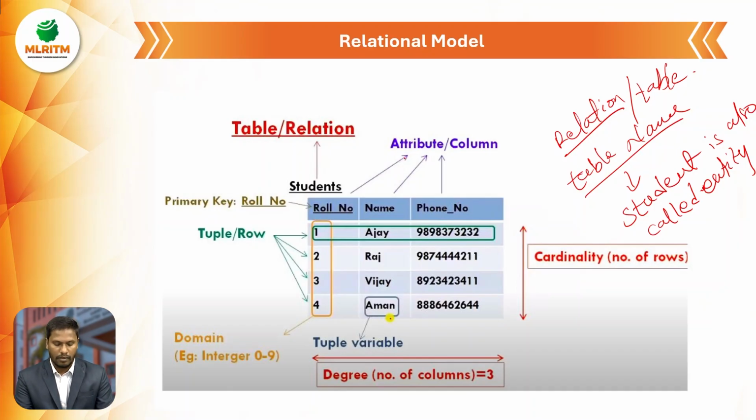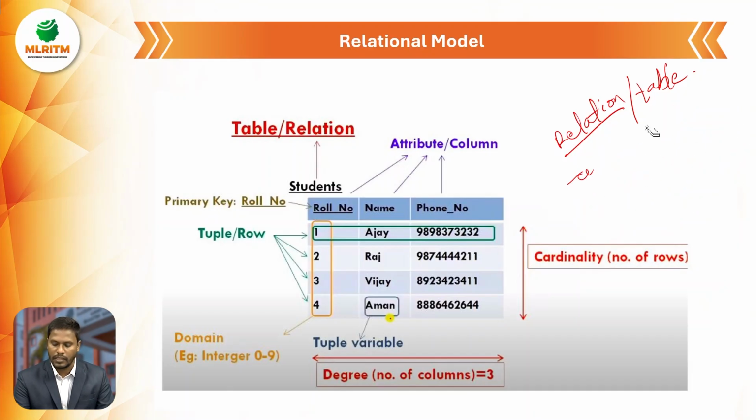Here, what is the roll number? Roll number is also called the primary key. First of all, we have to know what a primary key is. It is a key constraint. What rules does that key have? It should not be null; it should always have some value.